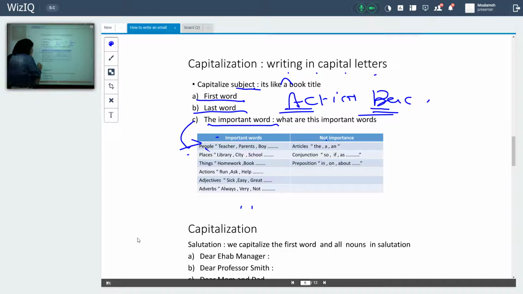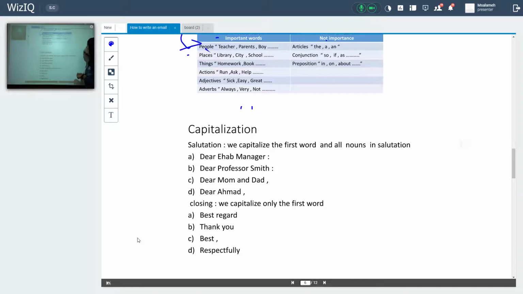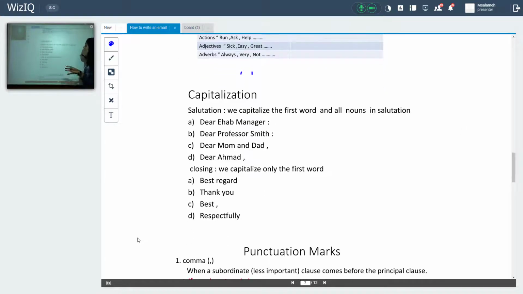Adverbs like always, very, not. That means I should write them in capital letters. And if I have articles like the, and, conjunctions like so, if, as, or prepositions like in, on, about, I shouldn't write them in capital letters, except the first word, the first letter in a capital letter.